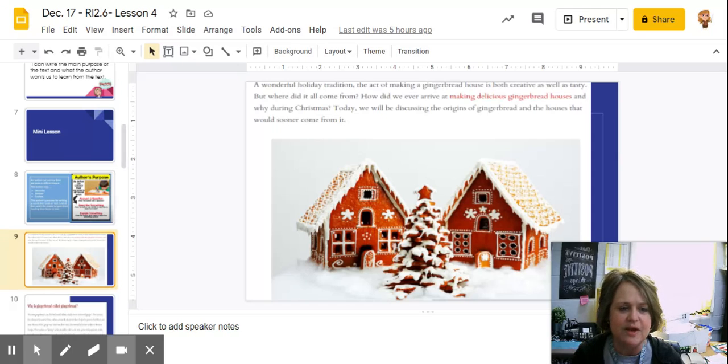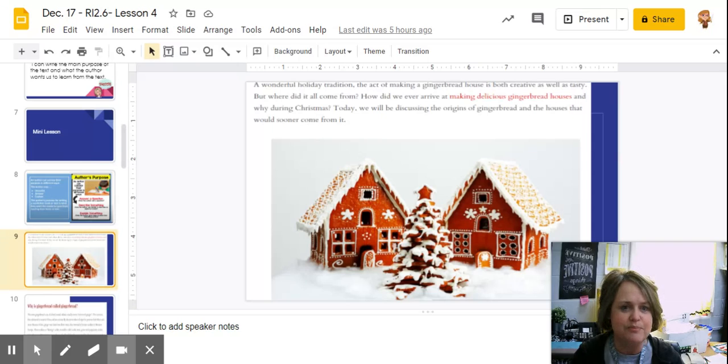And then we are turning those into the cafeteria to be judged. And they're going to take pictures of them and post them on social media, so either Twitter or Facebook. And you and your family will get to go on and vote for which gingerbread house is the best.